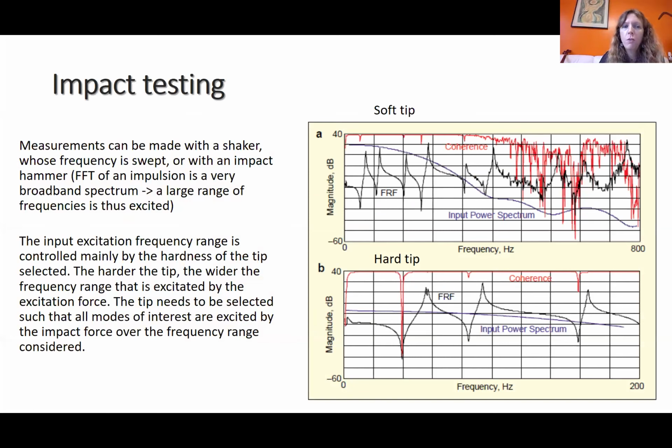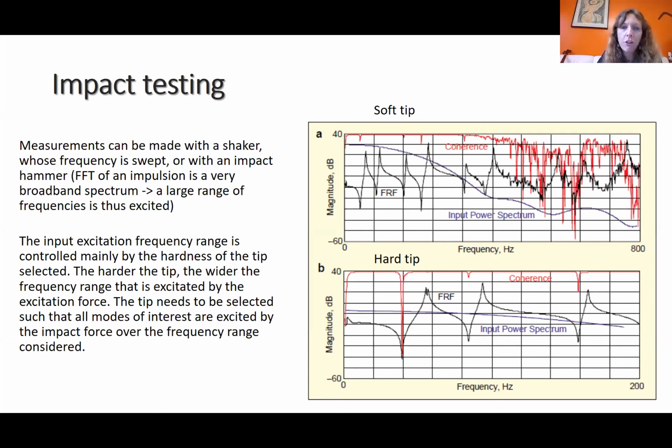So you have a large range of frequencies which is thus excited. You have 2 ways: either you sweep the frequency, or you just give an impact. And basically, the more sudden the impact, the more broadband in terms of frequency it will be. So you can excite a large range of frequencies just with one impact.